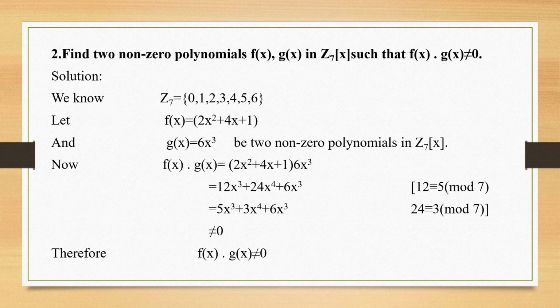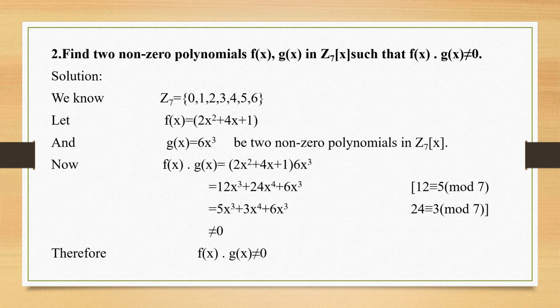It's very simple. You have to say that the product of these two polynomials is not equal to 0, which means that your remainders should not be 0. Is that clear? I'm just going in the reverse process. Please try to follow. When will I get the answer as 0? Only if the remainders are 0. So when will I get the remainder 0?